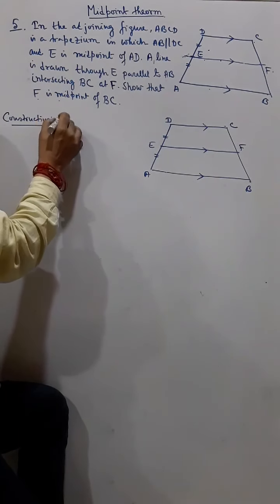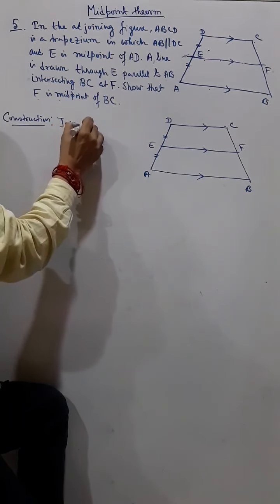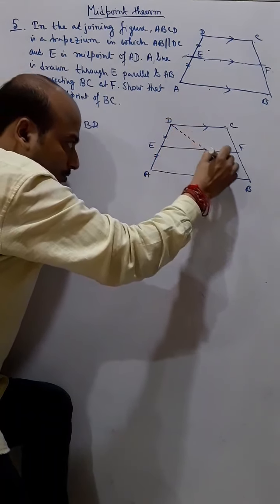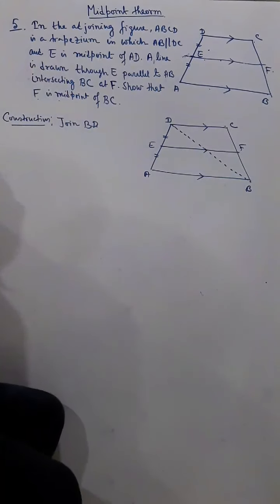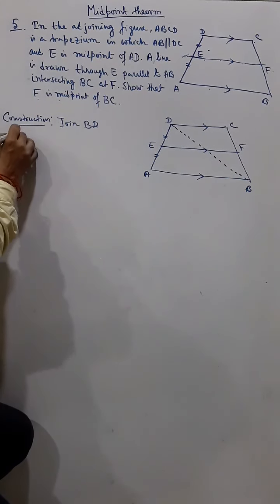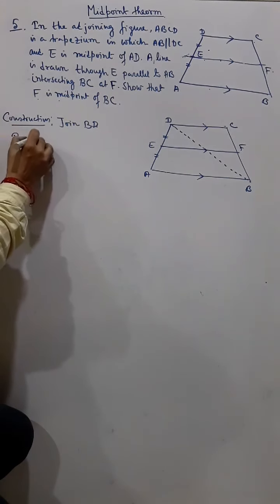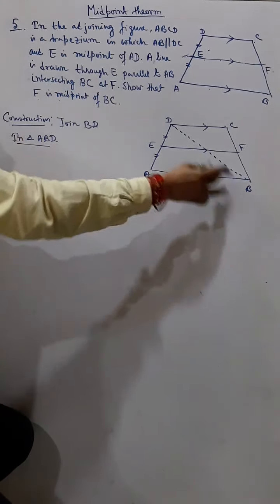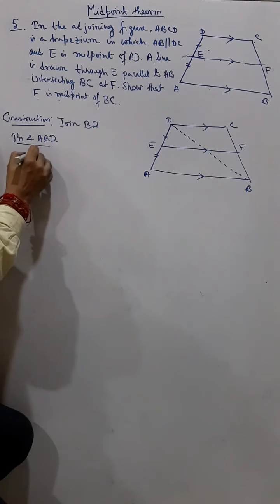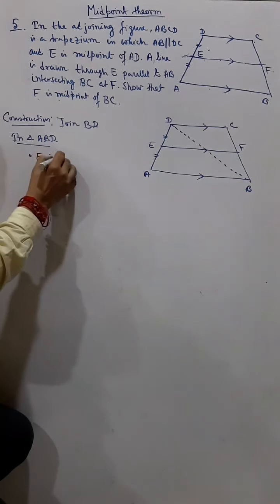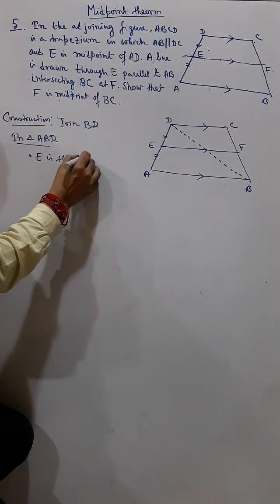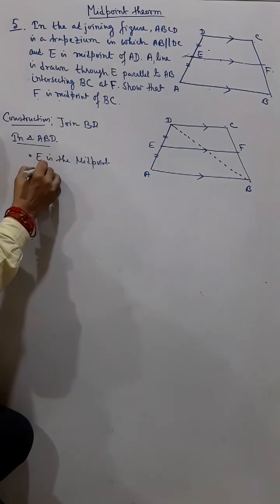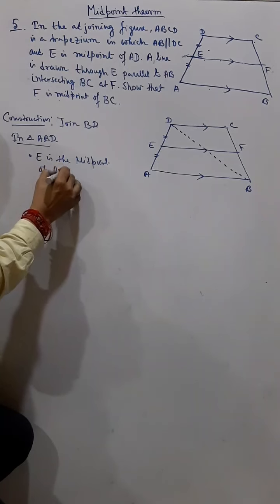So we will do join BD. Okay, so we will do this construction. We will join this BD. Now in triangle ABD, we can say first that E is the midpoint of AD, that is given.